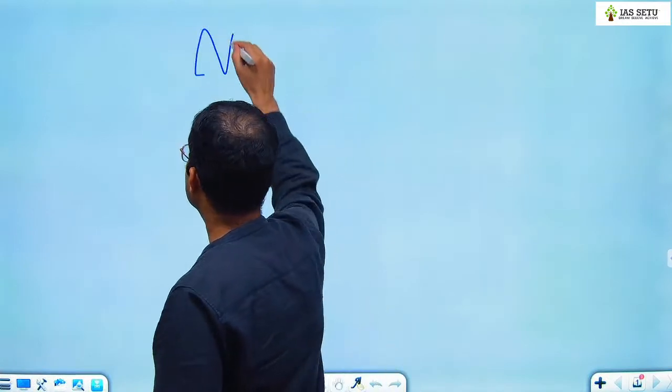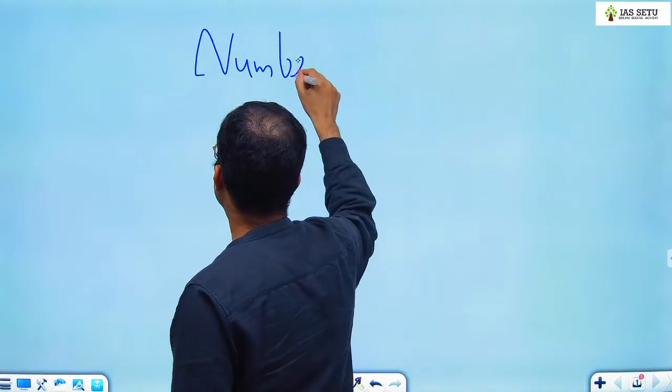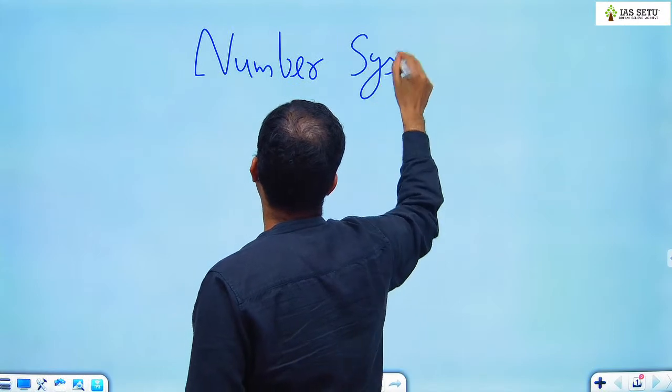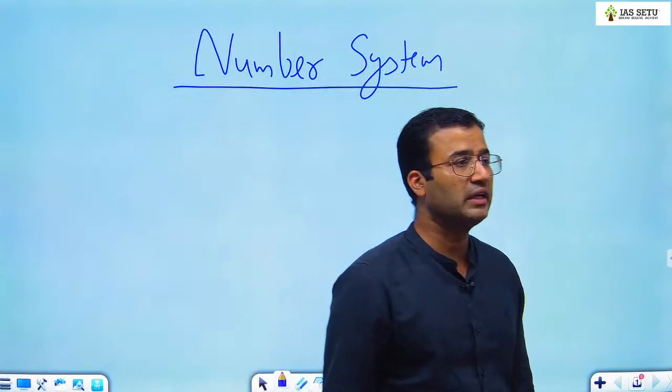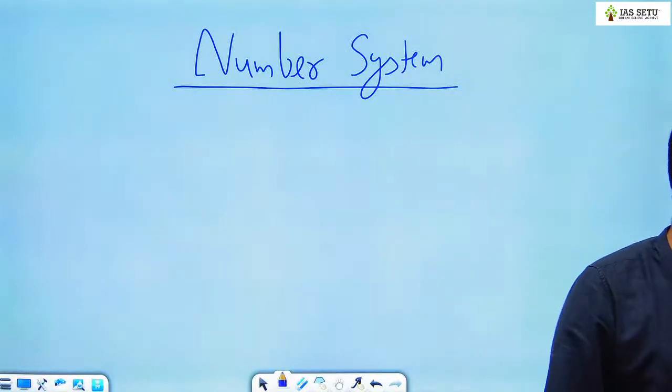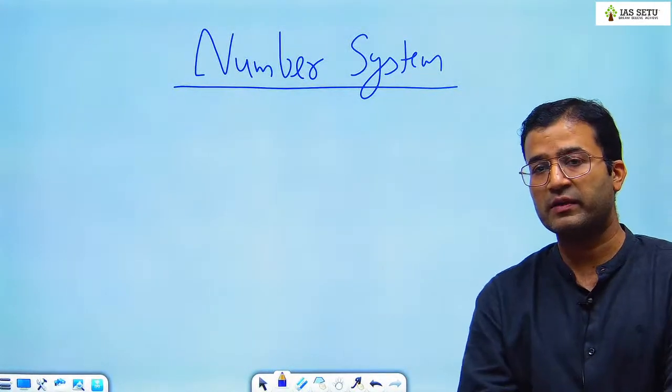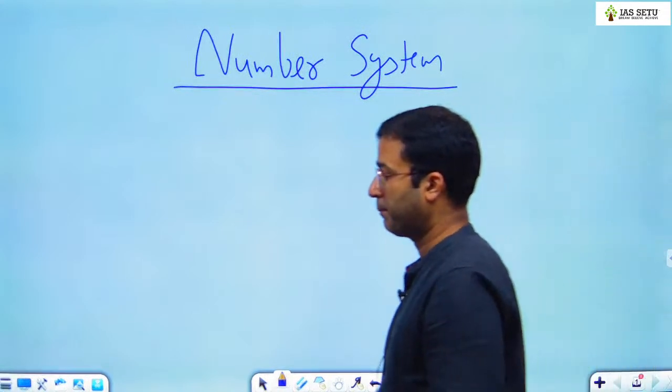Okay, so we start with number system. Basic, mainly 6th, 7th, 8th standard. So the very basic unit we have is natural number.